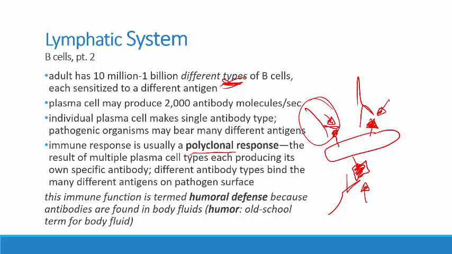So we describe the type of immune function that's associated with the B cells as humoral defense because the antibodies are found in body fluids.